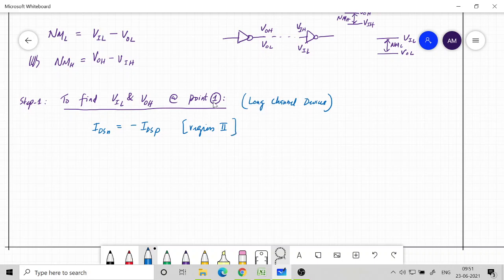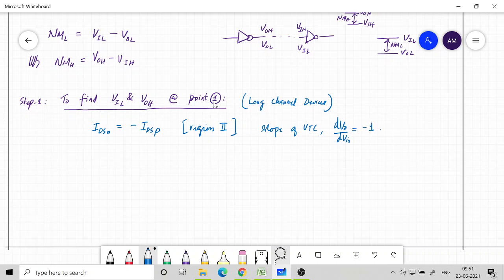That is where our point 1 is located, just above VTN, where the voltage begins to reduce and the slope becomes minus 1. So we know the slope. And what is the slope? Slope of the VTC is basically dV0 by dVin. We are looking at the case where this becomes minus 1.